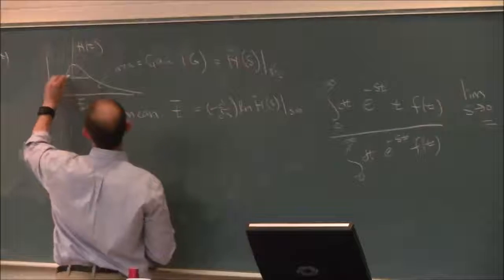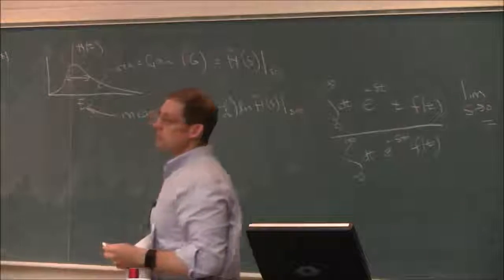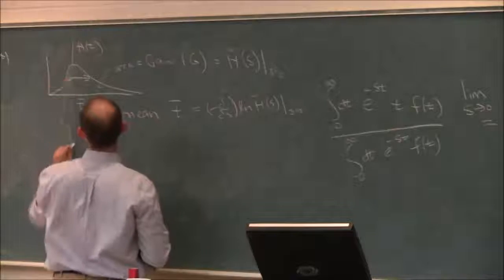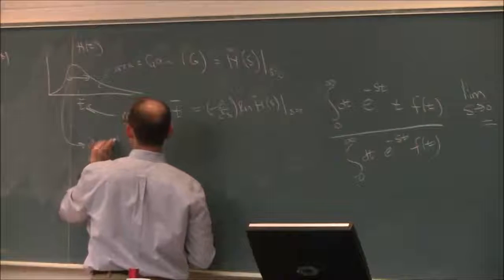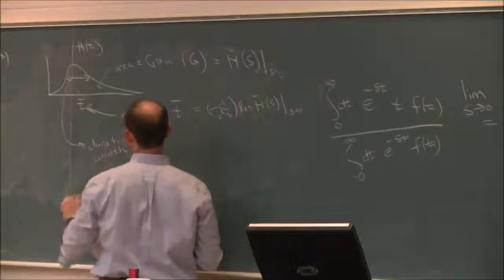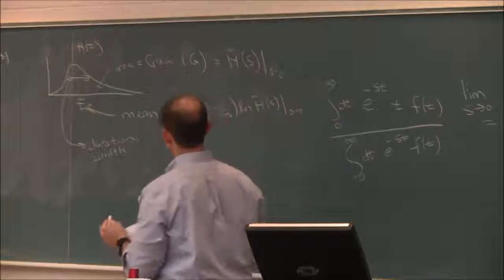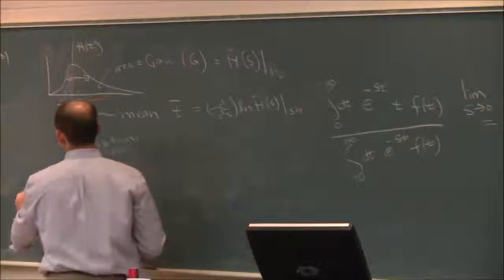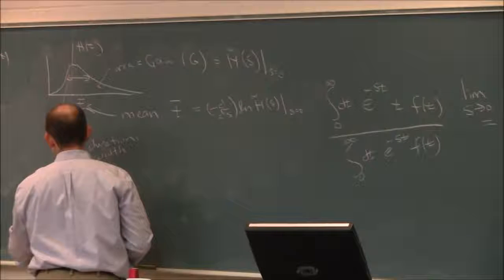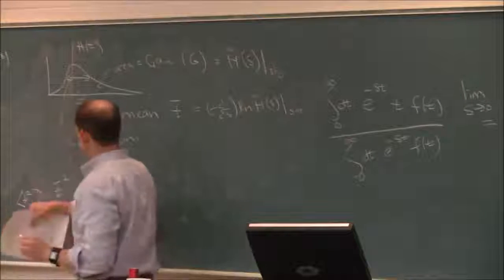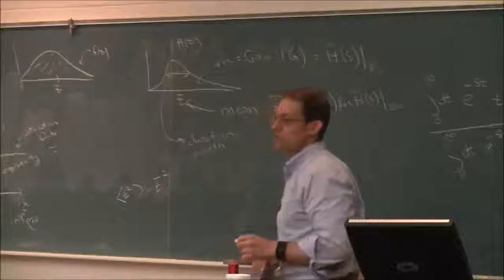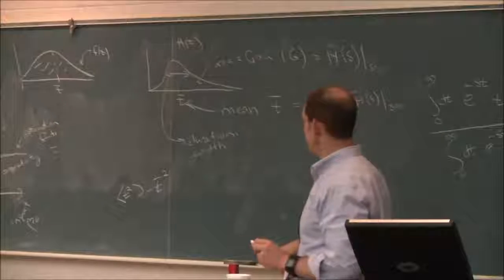Something else that we will be interested in is the width, so the duration. We'll define this as the variance, the average of the square minus the square of the average, just like variance in prob-stat.